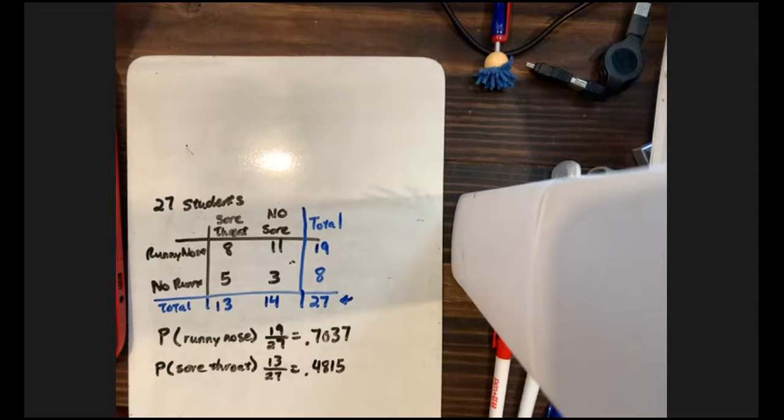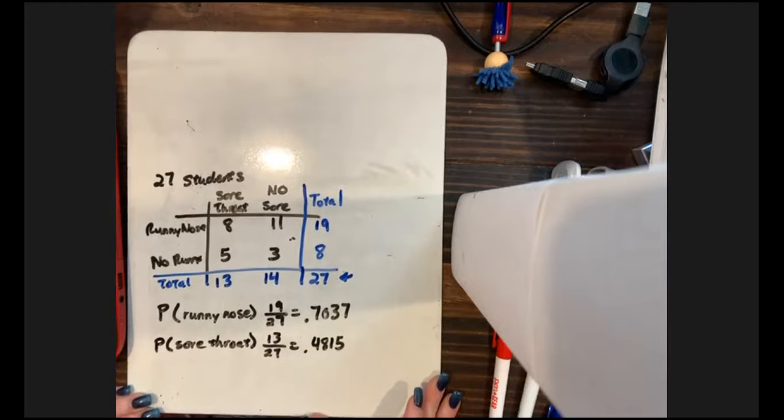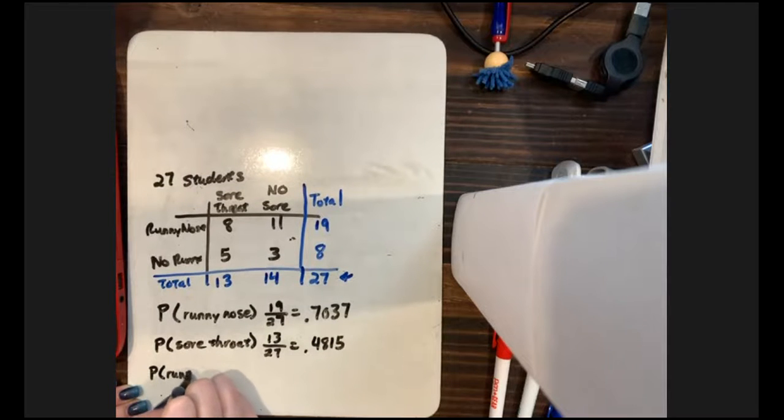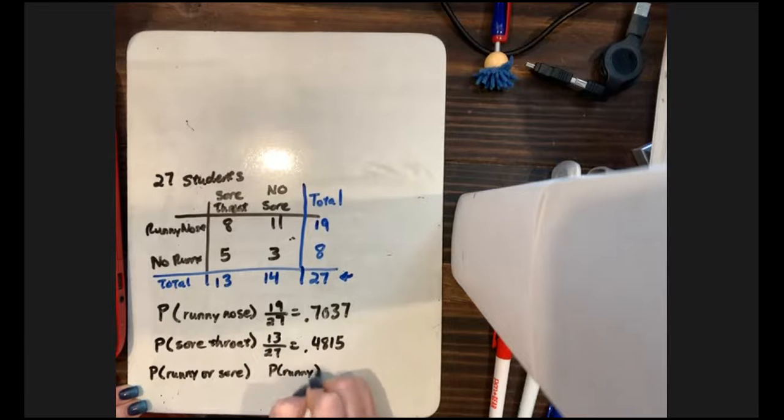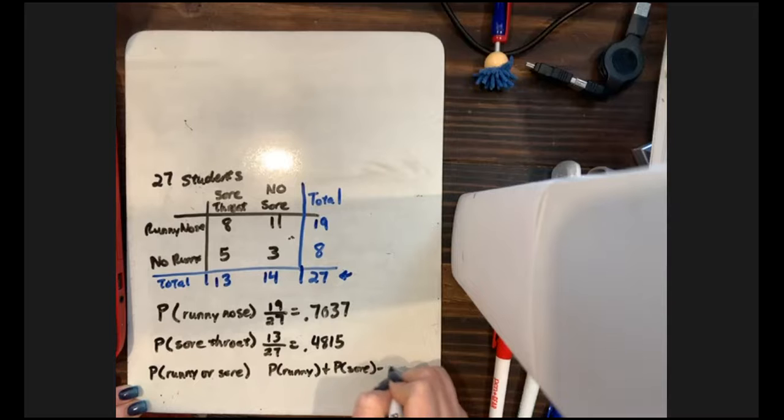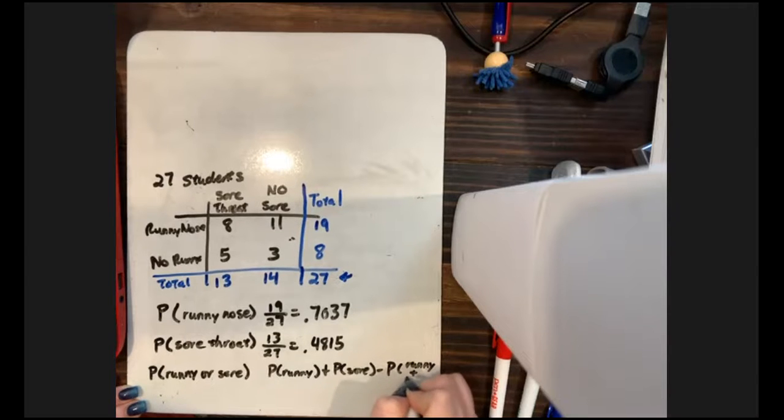And then I'm going to move this up just a bit. They want us to do the probability of a runny nose or a sore throat. So we know our pattern is going to be the probability of runny nose plus the probability of a sore throat minus the probability that they have a runny nose and a sore throat.